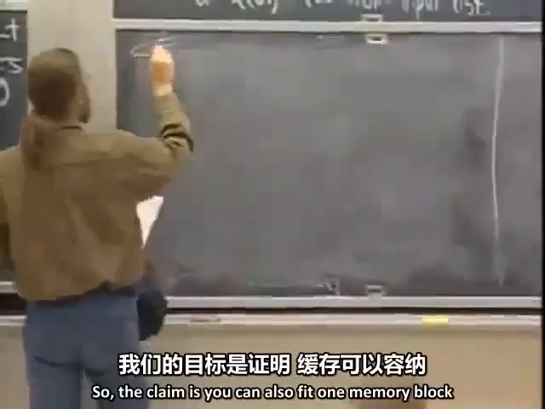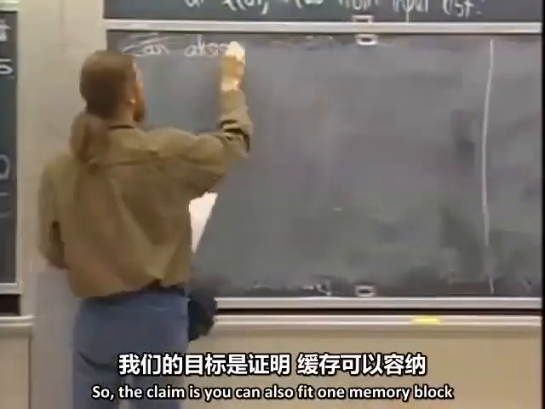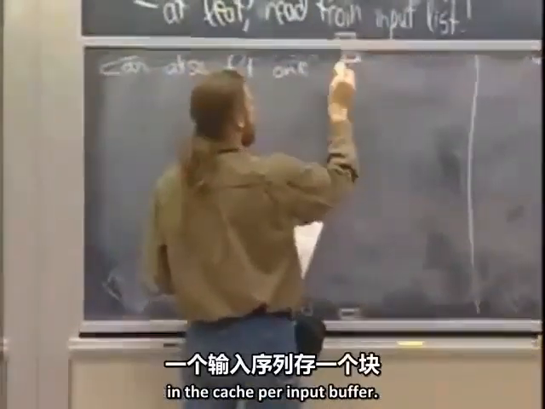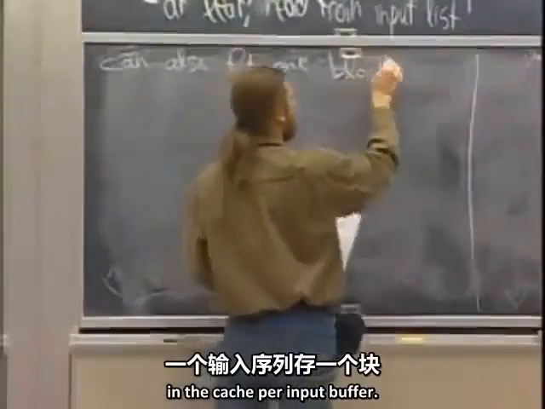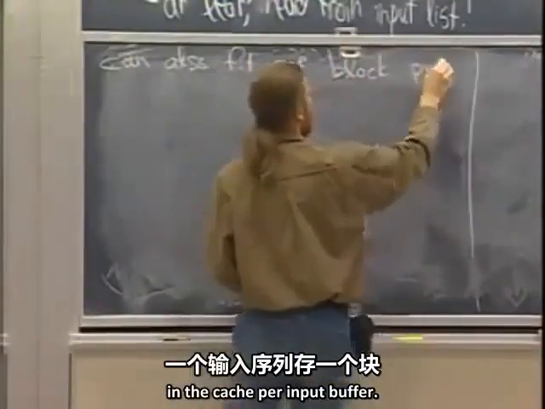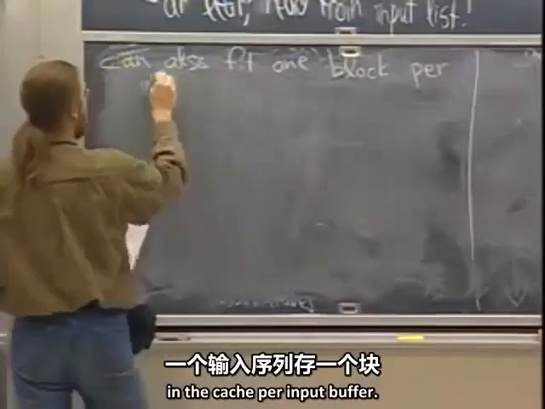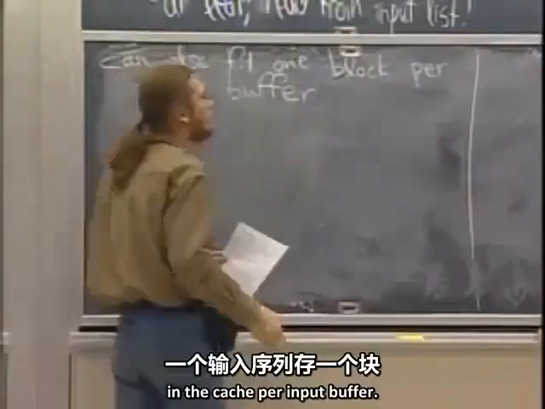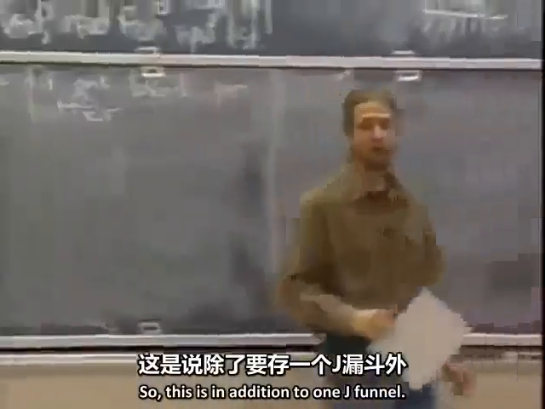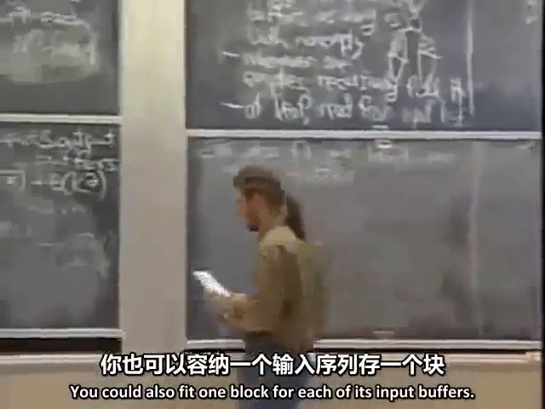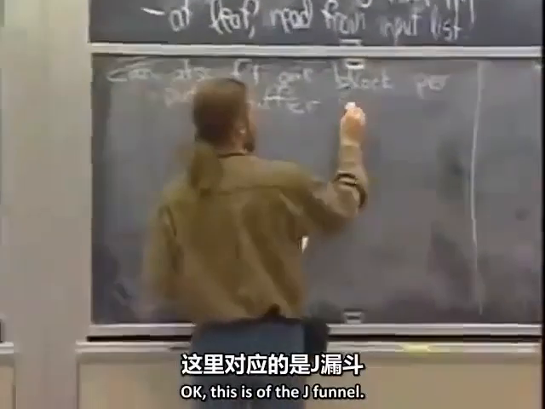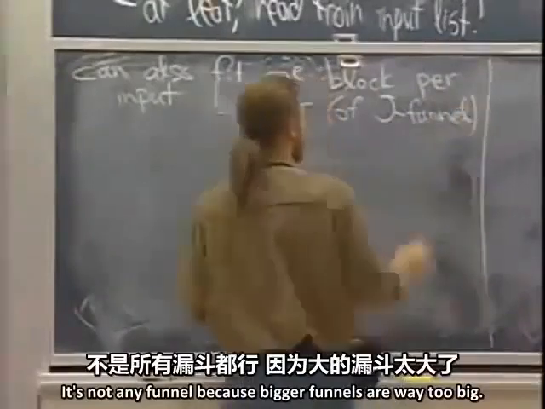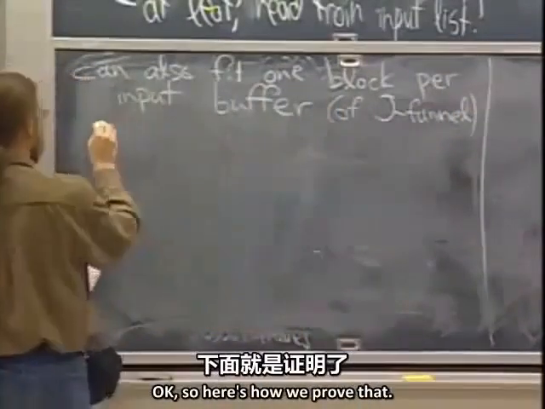So the claim is you can also fit 1 memory block in the cache per input buffer. So this is in addition to 1 J funnel, you can also fit 1 block for each of its input buffers. Okay, this is of the J funnel, not any funnel, because bigger funnels are way too big. Okay, so here's how we prove that.